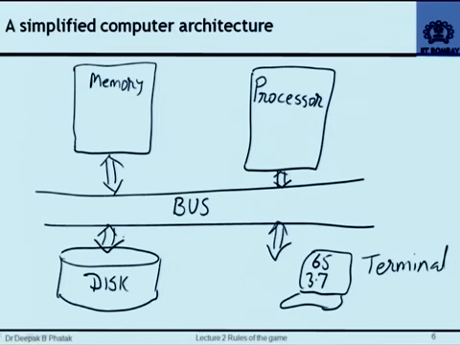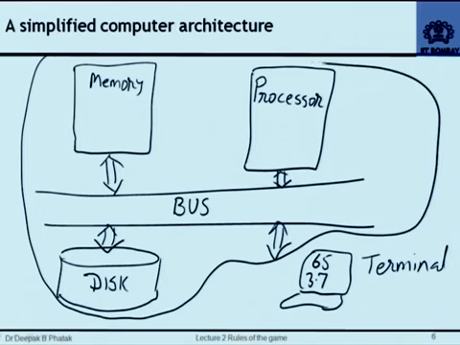There are of course a whole lot of details which we will not go into. It is an extremely simplified architecture of the computer. And the point is, you don't see any one of this. You only see the terminal. But all of this happens inside.